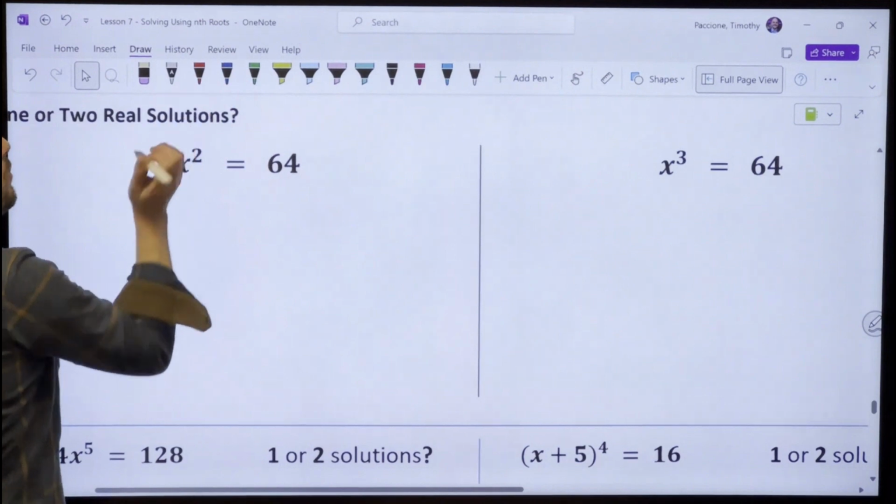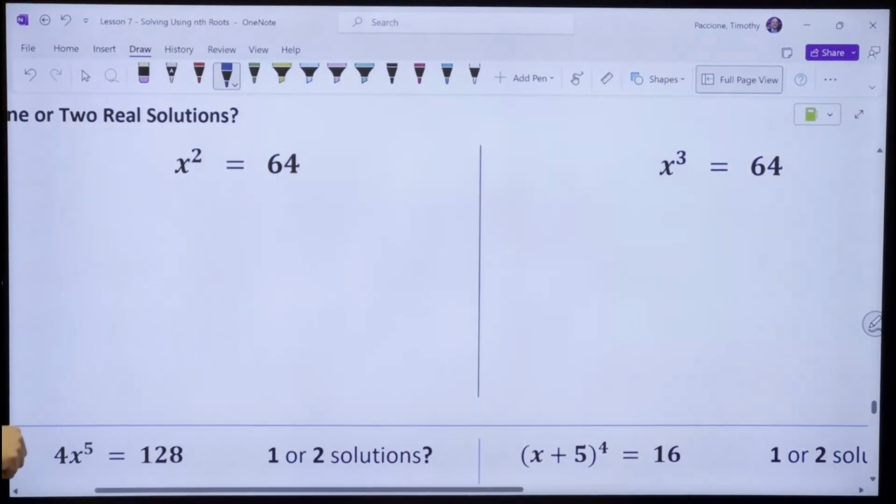Now, if I wanted to solve this equation, x squared equals 64, what would I do? Square root. Okay, what do we say the other thing that's the opposite of x squared is? X to the 1/2, right?